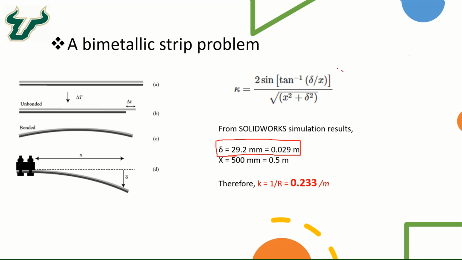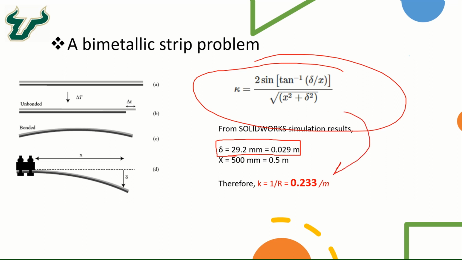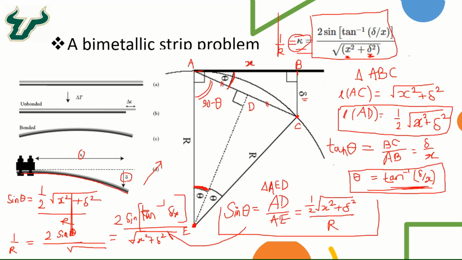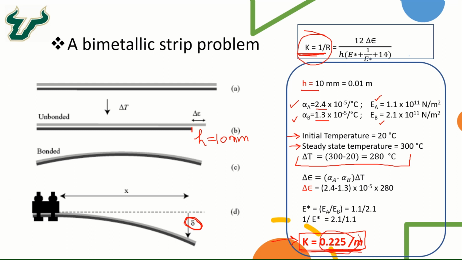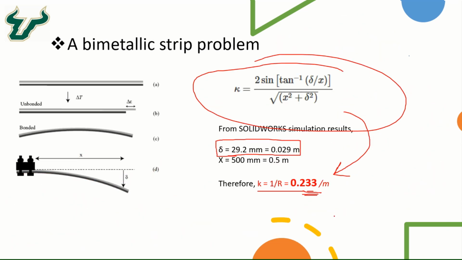We can plug that into this equation, and once we solve it, we will get the answer as 0.233 per meter, as what we had found out theoretically as 0.225. Okay, so that's basically the theoretical validation of the equations that we have used with the SolidWorks simulation.